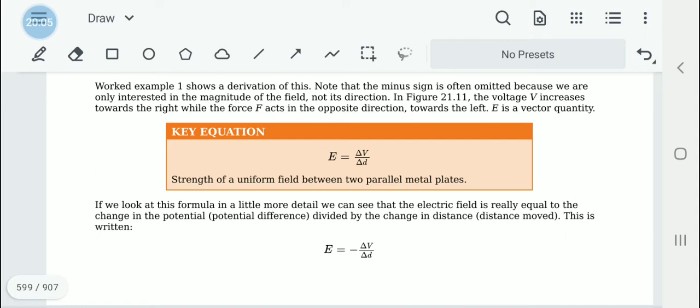However, when studied further, we realize that E, the electric field, is equal to the change in potential divided by the change in distance.